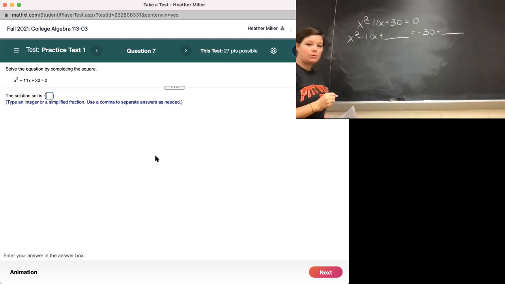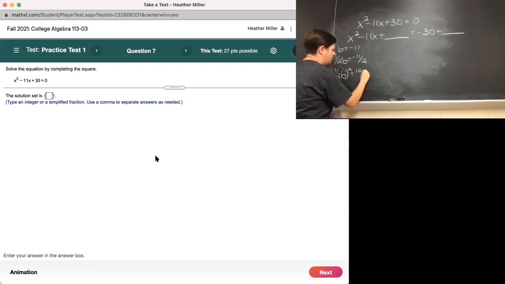That blank is where our 1/2 b squared part goes. So I always write what my b is, which is -11. Then I say, what is 1/2 b? -11 over 2. And then what is 1/2 b squared? Well, -11 times -11 is 121, and then 2 squared is 4.